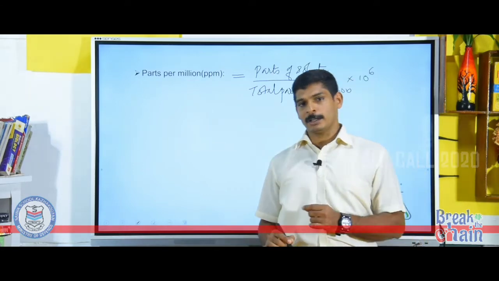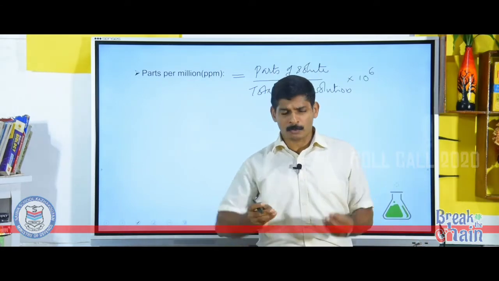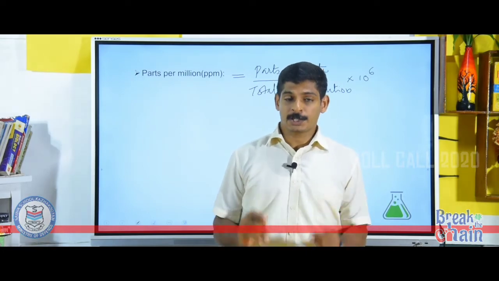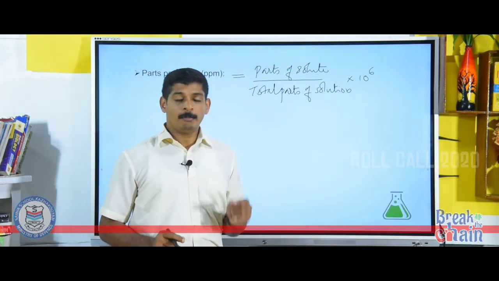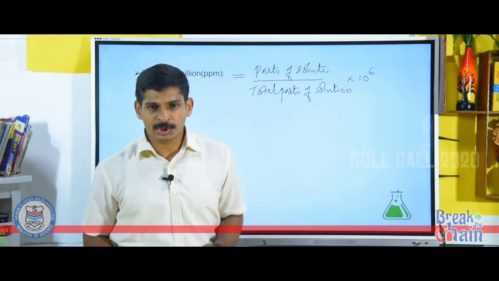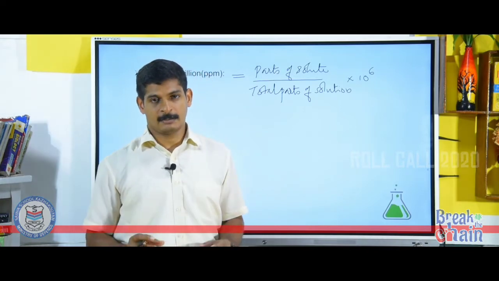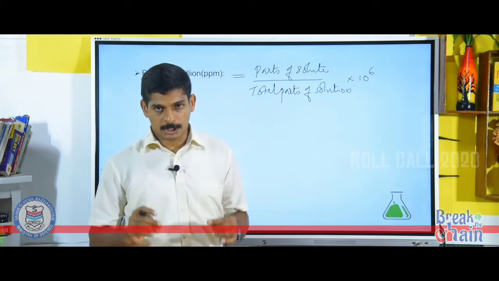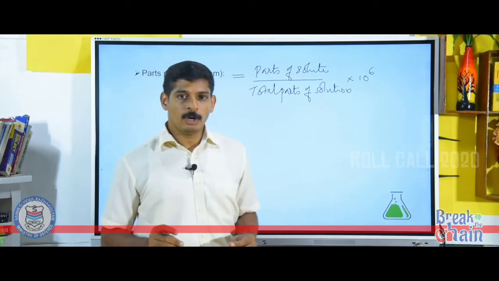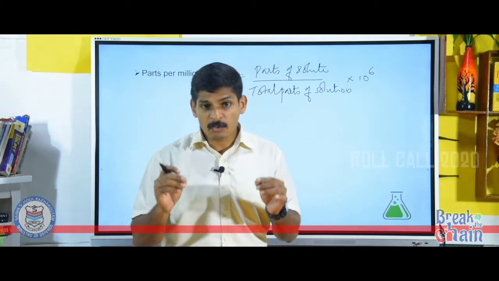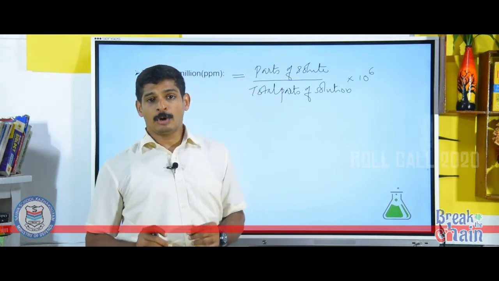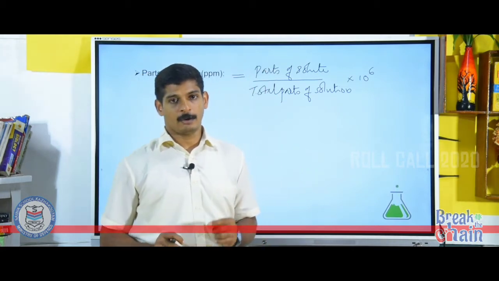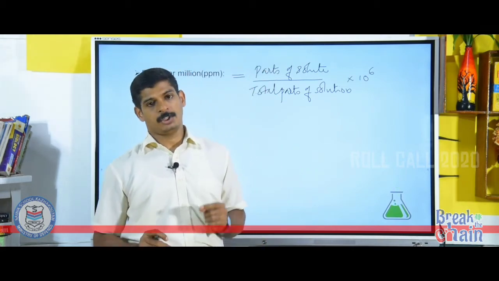If you look at this, it is too small. It is especially used when the amount of the solute present in the solution is very, very less. For example, the fluoride ion present in drinking water is a poisonous ion, and it can seriously affect your health.